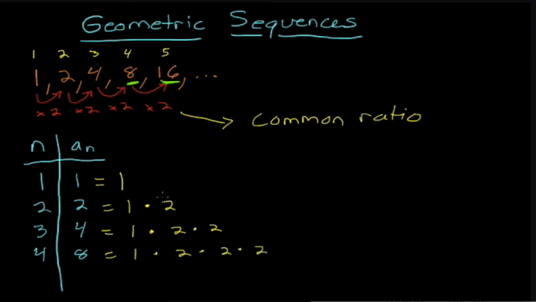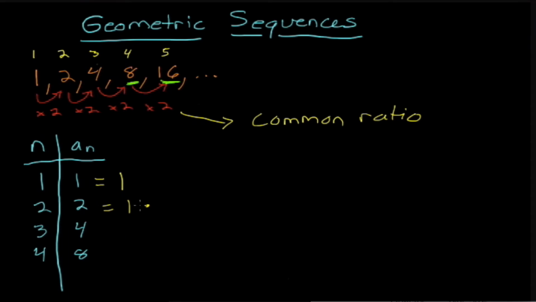So if we isolate this part of the expression, we can see a pattern here. We're just multiplying 2 by itself a certain number of times. And just as repeated addition is what we call multiplication, repeated multiplication is what we call exponentiation. So there might be an easier way to write this, and we're going to write it like that right now.